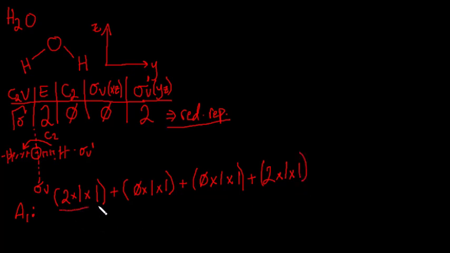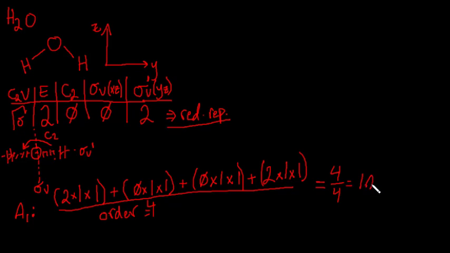And we would divide all of this by the order, in which case here is 4. So here in this case we have 2 plus 0 plus 0 plus 2 over 4, so that's 4 over 4, and so we have 1 A1 in this case.